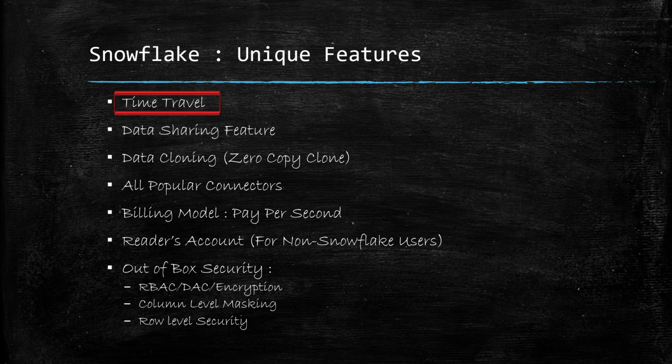Now the another feature which we have is the data sharing feature. With this feature, you can share your data with other Snowflake accounts. Now the another feature, zero copy clone, or data cloning, which is a very interesting feature. With this, you can clone any of the data objects. Like you want to clone a table A into a table B. Now if you do clone, table B is totally independent of table A. You can even write to this data.